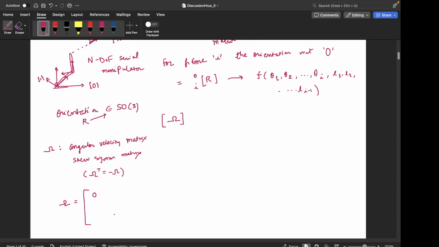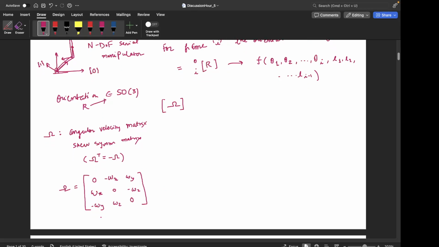The diagonal terms would all be zeros. This would be omega x, omega y, omega z, and here it will be the negative of that. You see that this matrix is completely known if we know omega x, omega y, omega z.